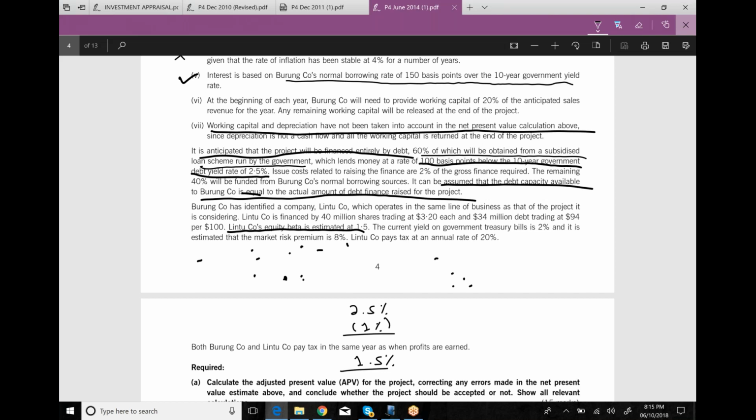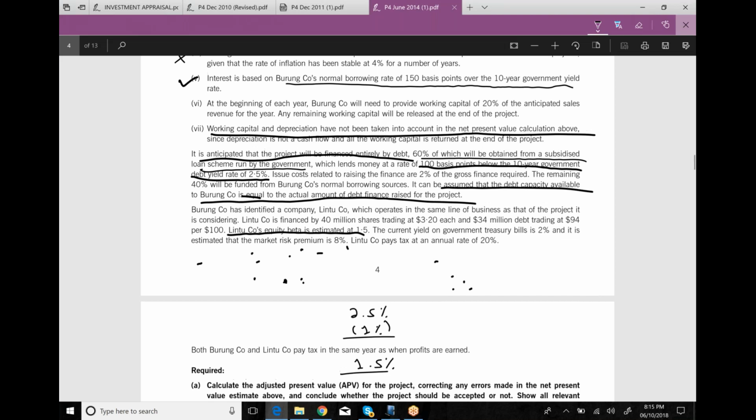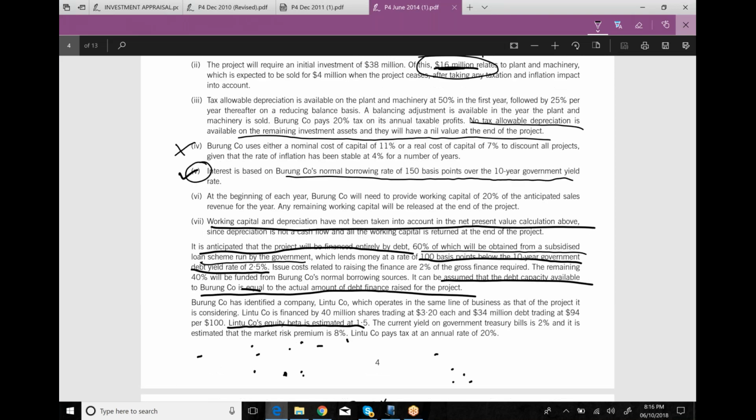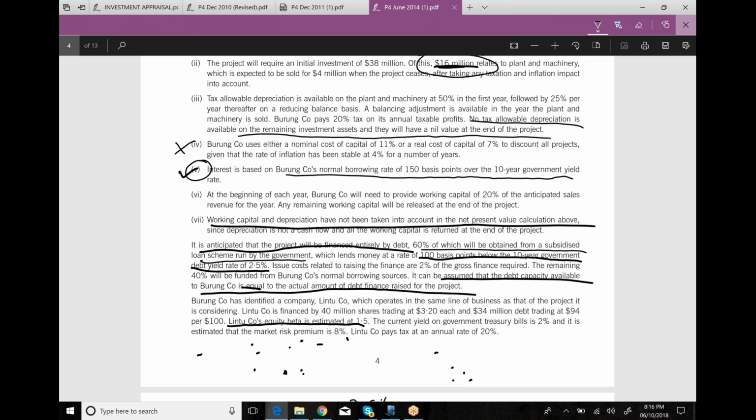So I can easily compute Burung company's normal borrowing rate, because if we read this point, it says interest is paid on Burung company's normal borrowing rate of 150 basis points over the 10 years government yield rate. So the 10 years government yield rate is 2.5%, and they can borrow at 150 basis points over this rate. 150 basis points means 1.5%, right?